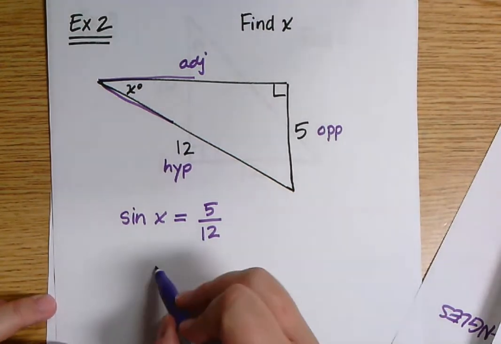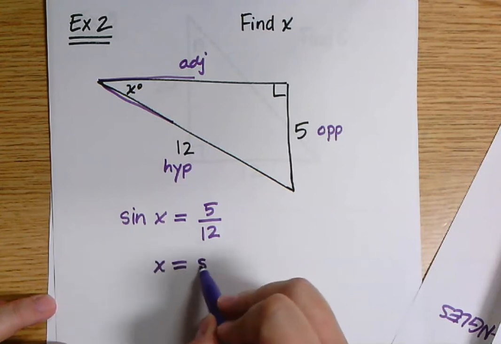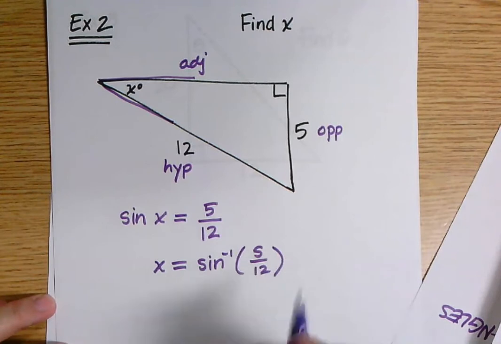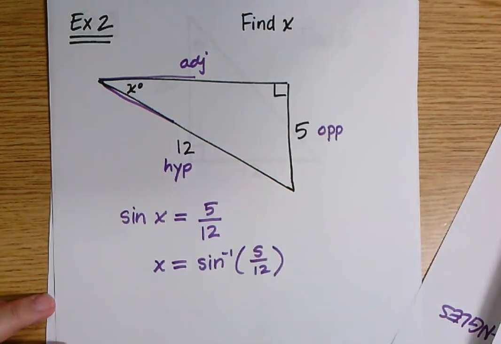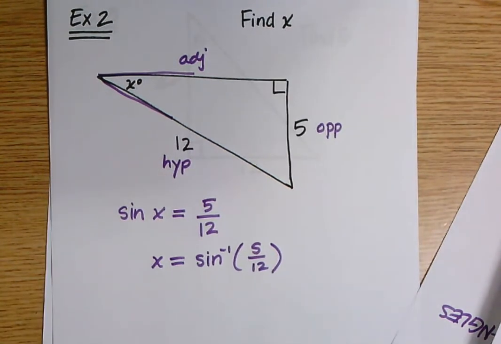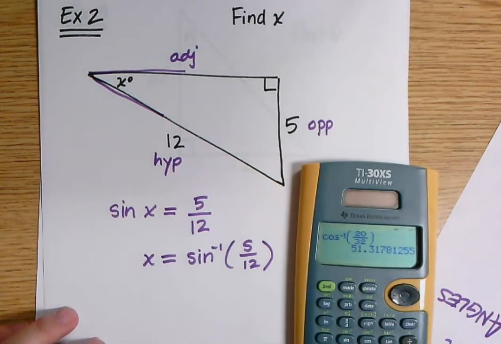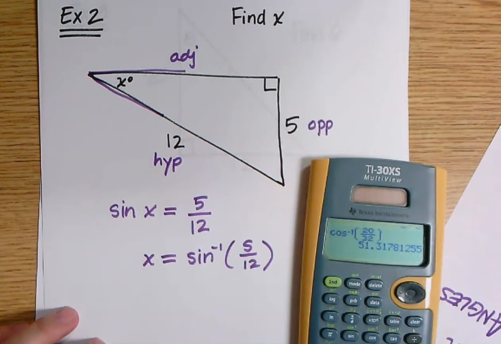And what that means is that x can be found by doing the inverse sine of those numbers in a fraction of 5/12. So that's what goes into my calculator. Once you get used to doing this, it's actually a little faster than finding missing side lengths. Okay, so inverse sine is second sine. Then I've got 5/12, the fraction.